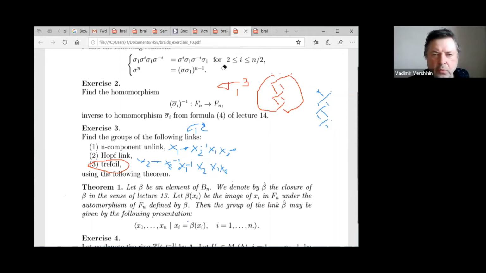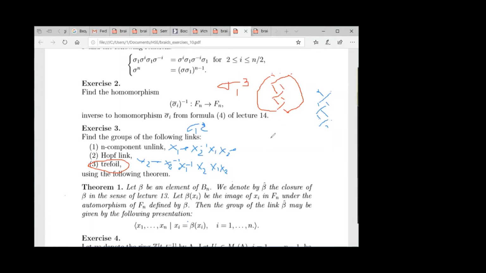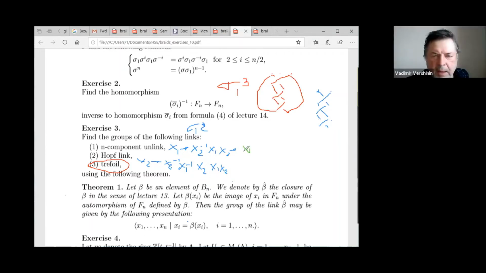So what do we have? Sigma 2, sigma 2 minus 1, sigma 1, this is 2, minus 1.